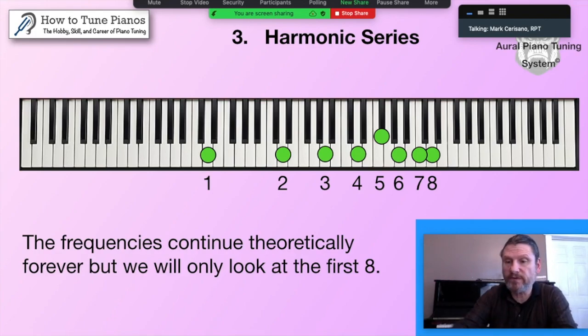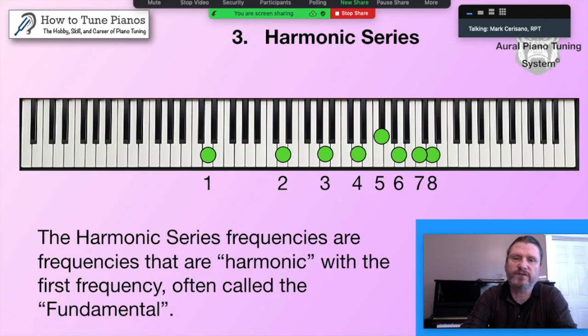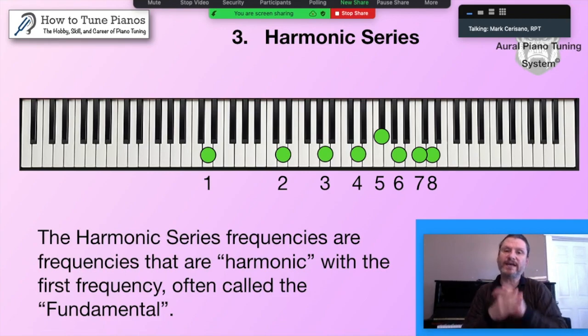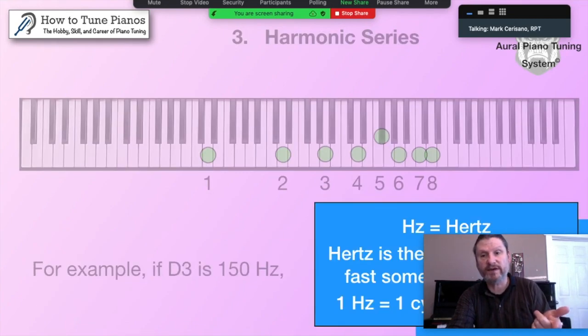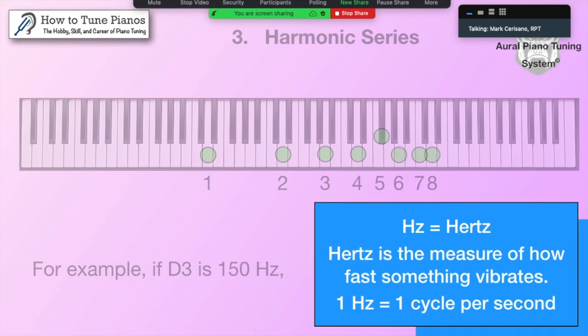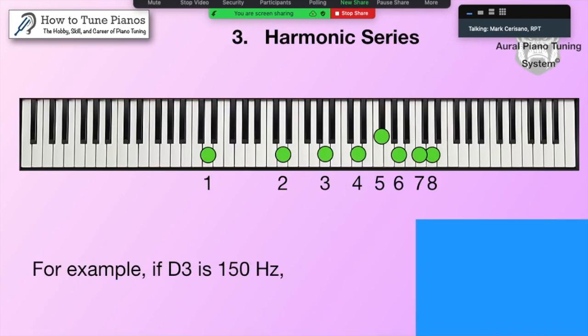They go on forever, but we're just looking at the first 8. So the harmonic series are frequencies that are harmonic with the first frequency, often called the fundamental. For example, if the bottom one here is 150 hertz, and now if you don't know, hertz is a measure of how fast something vibrates. 1 hertz is 1 cycle per second.